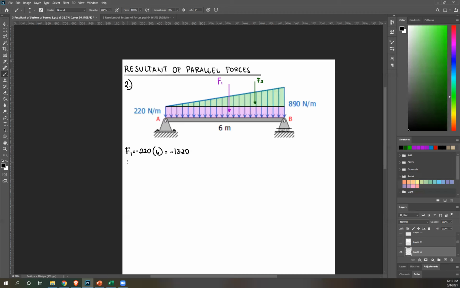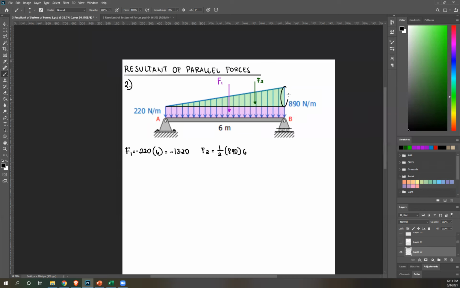Do the same thing for F2. It's a triangle, so that's 1/2 base times height. So 1/2 your load, 890, times length, which is again 6. Please compute what's the answer here. Sorry, my bad. This entire height is 890.